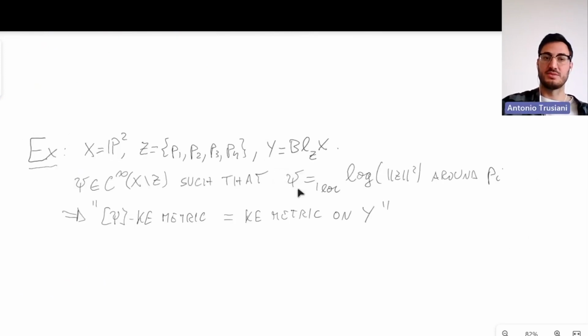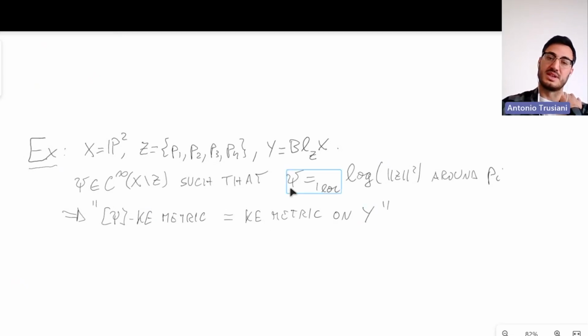If you take P2 and you consider 4 points, then you can blow up along these 4 points to get Y. If you consider a function psi that is smooth and such that psi is equal to log of |z|^2 around p_i, when you take coordinates that are centered at p_i, then a psi-Kähler-Einstein metric, by this I mean a Kähler-Einstein metric with the singularities encoded by psi, is essentially the same as a Kähler-Einstein metric on Y.